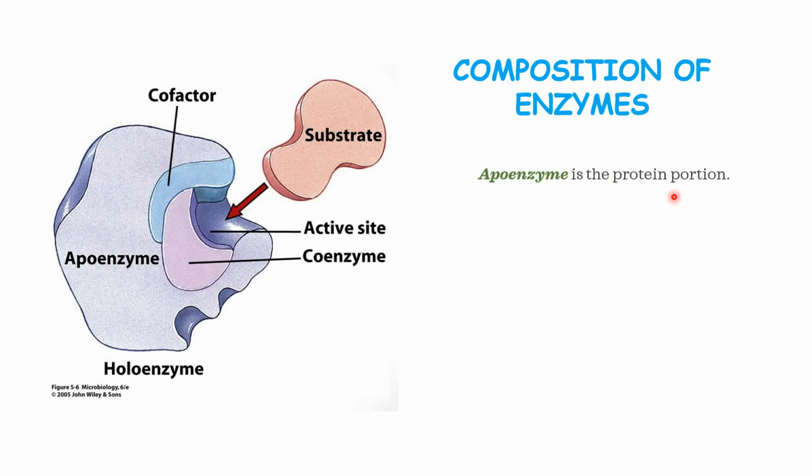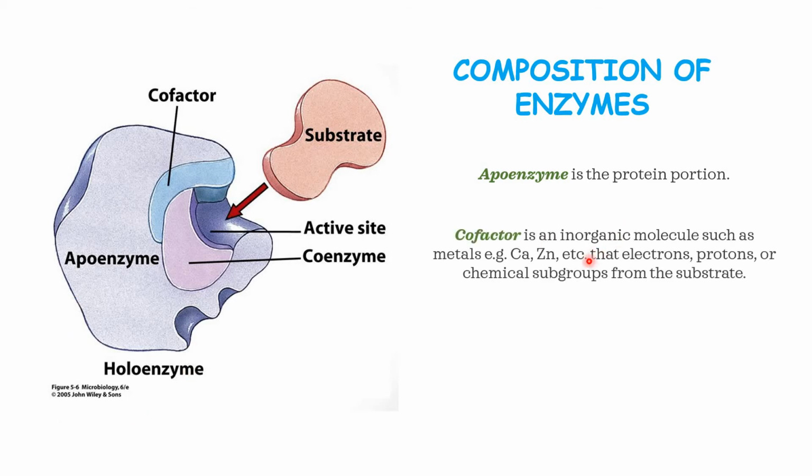An apoenzyme is the protein portion of the enzyme. So, it says the apoenzyme, this part, is made of protein. If this is the entire enzyme, the entire holoenzyme, this is the apoenzyme. It's only comprised of the protein.